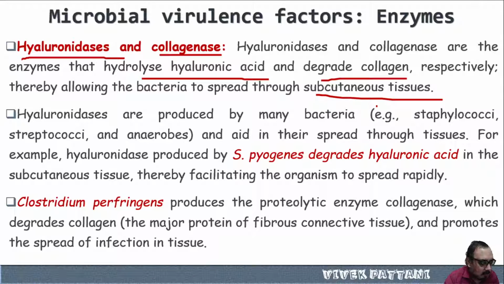Some of the examples of the bacteria which may produce hyaluronidases are Staphylococci, Streptococci, and some of the anaerobes, which aid in the spread in the tissues.